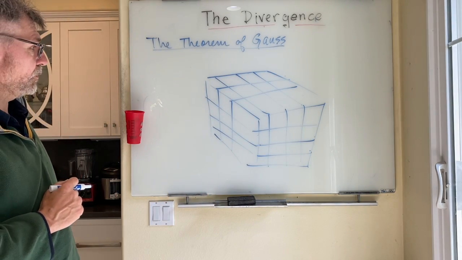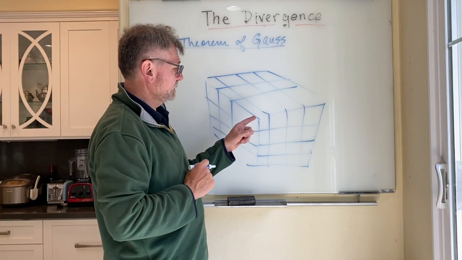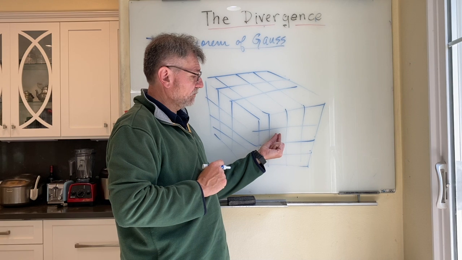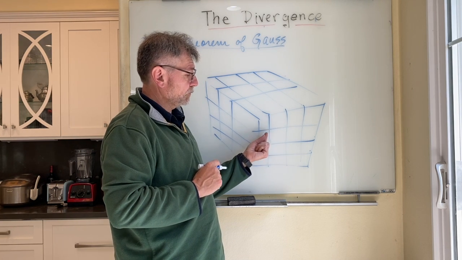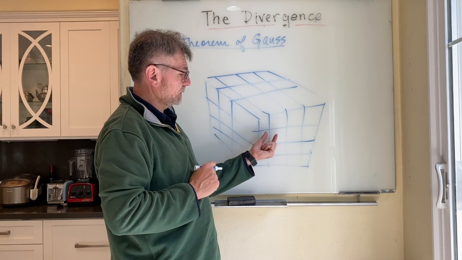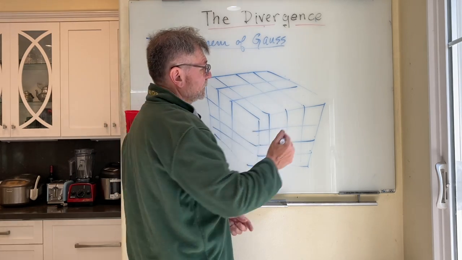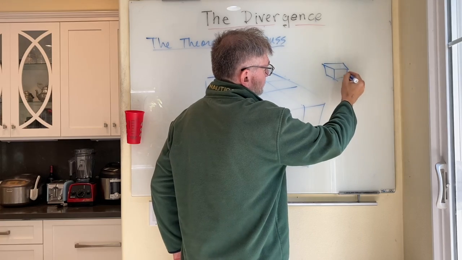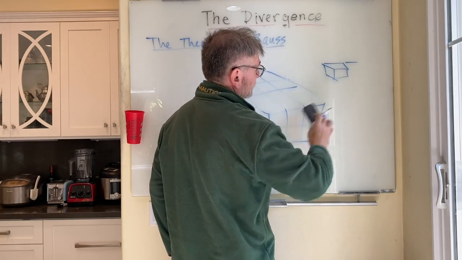And what we know is that the divergence is the outward flux per unit volume. So every little volume is going to have, the divergence will be the outward flux through this little cube. And if I have two neighboring cubes, two cubes one beside each other, well, my picture's not very good.